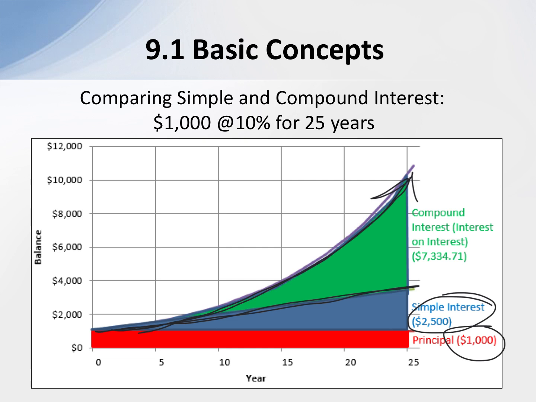It starts off slow, and in fact, in the first year, the amount of money in the account for both simple and compound interest would be the same. But once that first year's interest is included and interest is earned on the principal and interest, that growth takes off quite significantly. And after 25 years, that $1,000 would be worth $7,334.71.